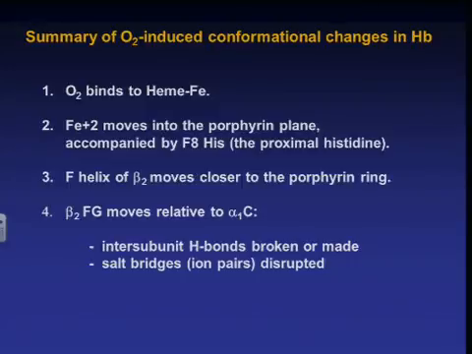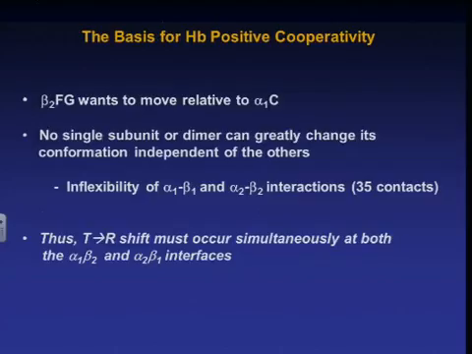As we showed, that valine has got to get out of the way. So we're getting hydrogen bonds that are broken, new ones that are made, salt bridges that are made, salt bridges are disrupted. But because of that steric shift, that oxygen now has bound, but the rest of the molecule now is going to sense that that has happened, and why.